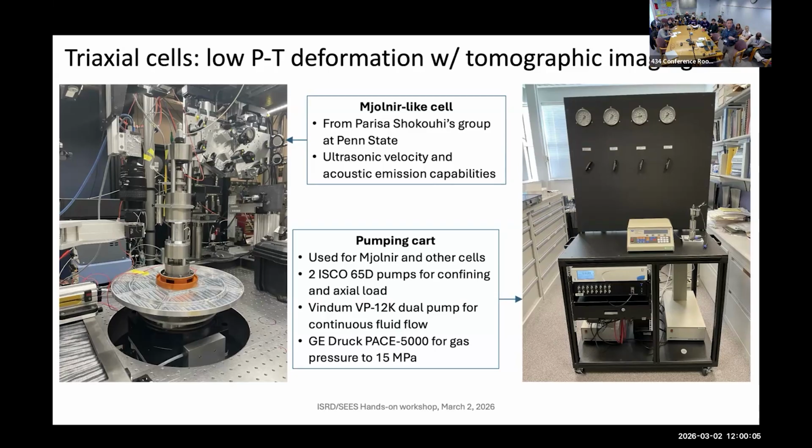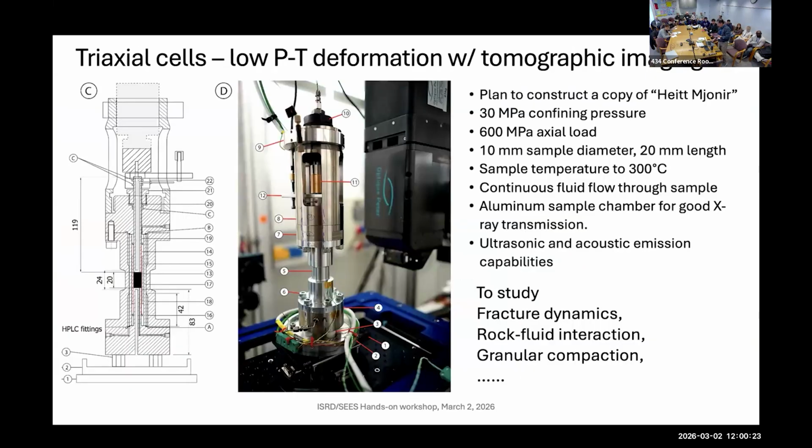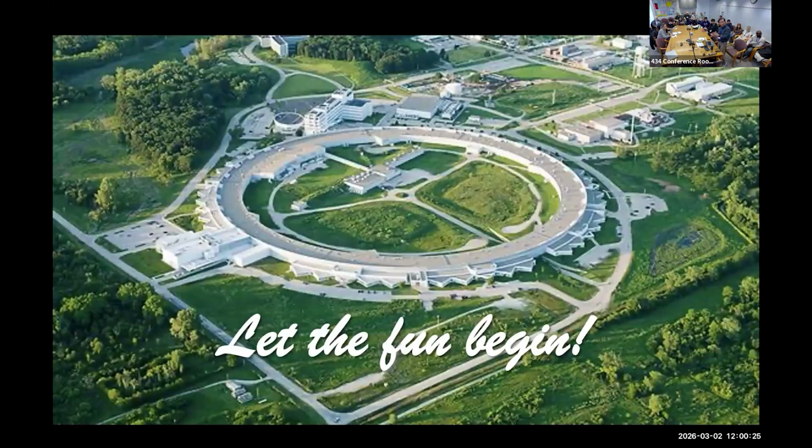Our goal eventually is to incorporate acoustic velocity measurements and acoustic emission measurements. So that will give you more information in one experiment to help better understand the physical processes. Here's another one. I think that's it.